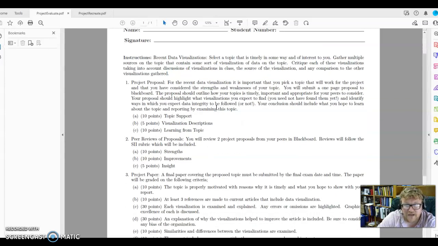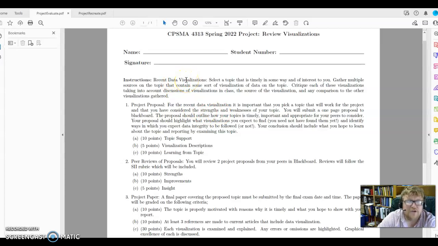You're going to consider some timely topic, hopefully one that's in the news or that you're interested in, and you're going to write a little report on 3 different news stories that include visualizations.